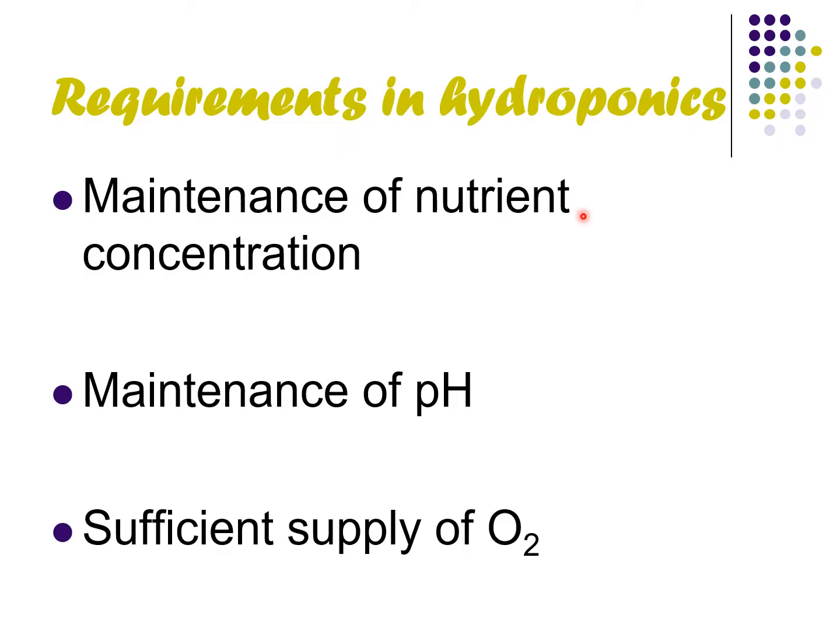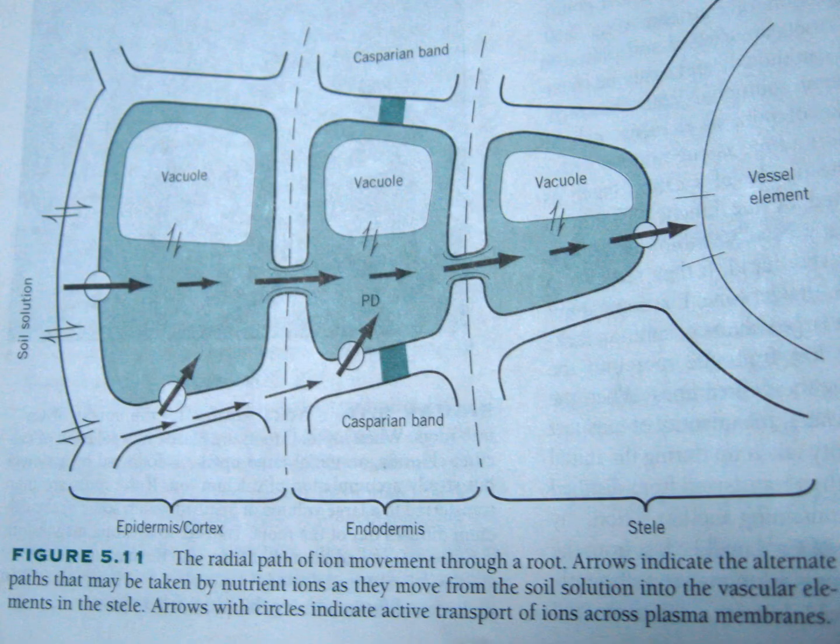Aside from maintenance of nutrient concentration and pH, another requirement in hydroponics is sufficient supply of oxygen. In this figure, the radial path of ion movement from the soil solution through the root, that is, from the epidermis through the stele, is shown. As indicated in this figure, mineral nutrients are actively transported across the plasma membrane.